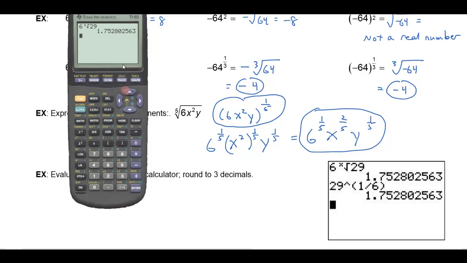And the 6th root of 29 we see here is 1.7528 and so on. The other way, since that's kind of clunky, is I can just go right from my home screen, put in 29 and raise it to the 1/6 power, and that'll do the same thing for me. I should of course get the same result.